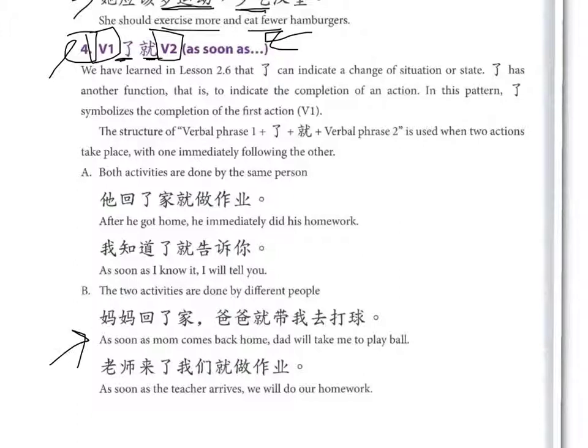You can say as soon as mom comes back home, there's verb number 1, dad will take me out to play, there's verb number 2. So as soon as mom comes back home, that's verb number 1. Will take, that's action number 2.